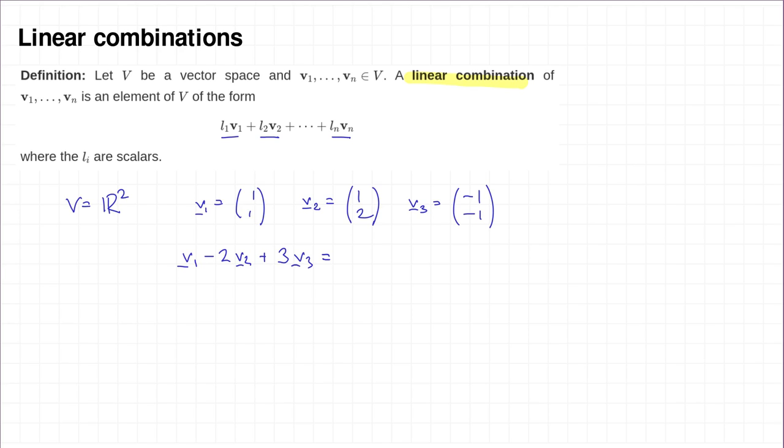That's an element of our vector space R2, and in fact is equal to, in the top I get 1 minus 2 minus 3, and in the next position I get 1 minus 4 minus 3, like this. So this vector, which happens to be equal to (-4, -6), is a linear combination of my vectors V1, V2, and V3.